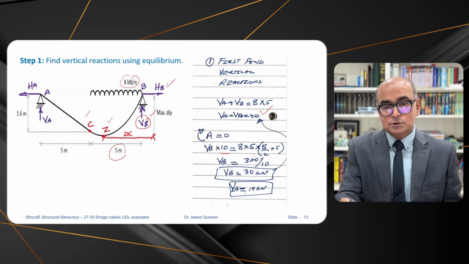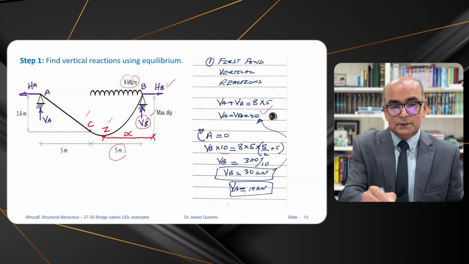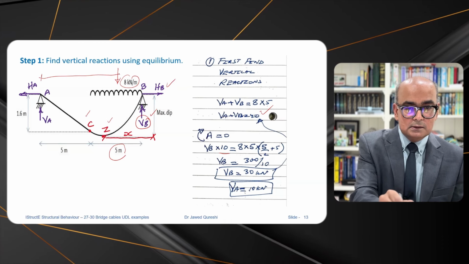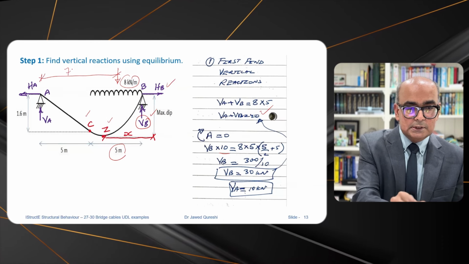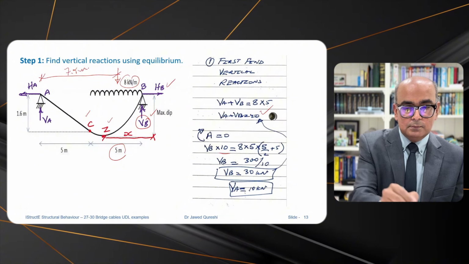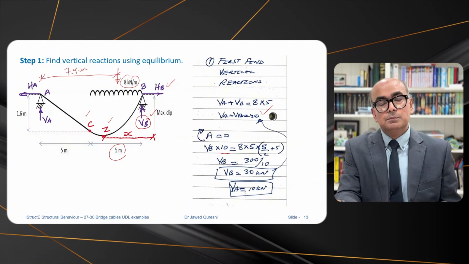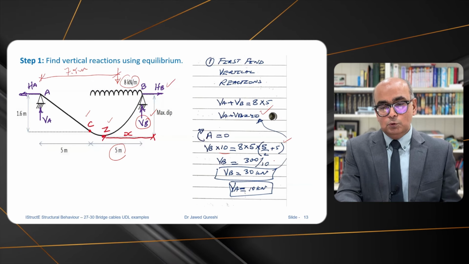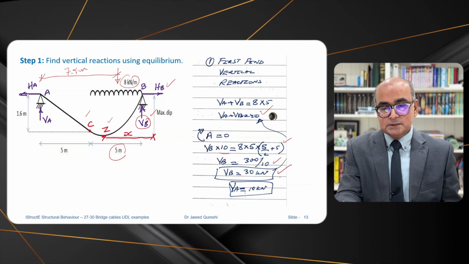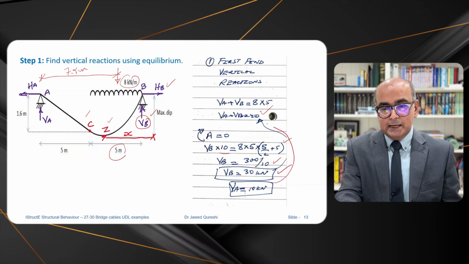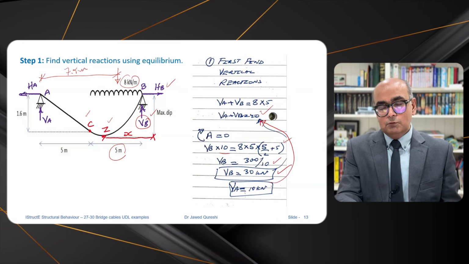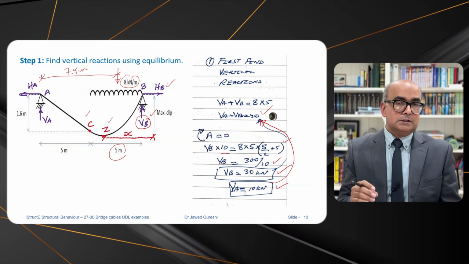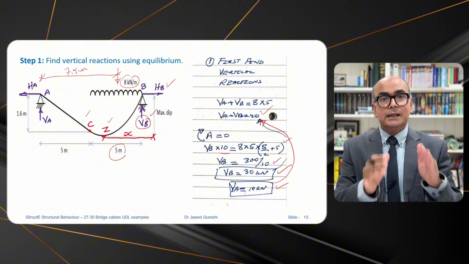That is equal to 8 times 5, that is this load, and it is acting 7.5 meters away from B. So 5 over 2 plus 5 is 7.5. From here we can work out the value of VB. So VB is 30, and if we put it back in here, you will get the value of VA as 10 kilonewton. Once we have got the reactions, then we are ready to go to our next step.